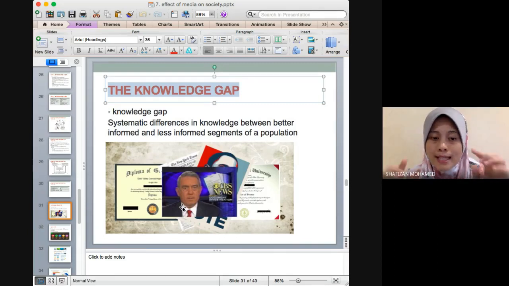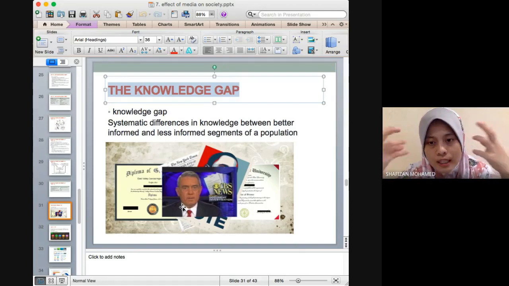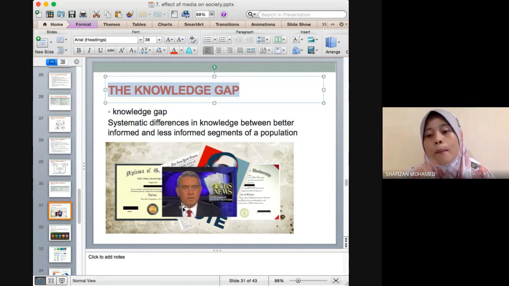Those people who have the TV box get to watch the news, they get to watch all those entertainment programs, and they get direct information. Can you follow? This is not reading a book, you know. This is just watching TV, and imagine the amount of information that a person gets in comparison to that person who has no television.